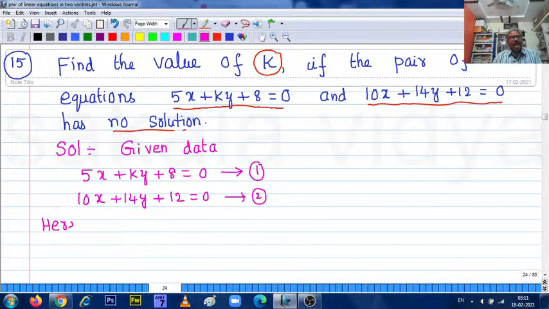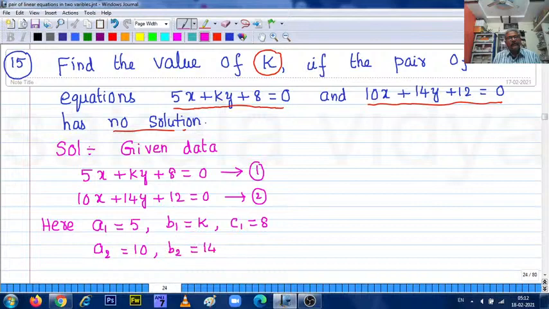Here first write down a1. A1 means coefficient of x in the first equation, 5. So you try to write down yourself also in the chart box. So b1 equals to k, c1 equals to 8. Next from the second equation a2 equals to 10, b2 equals to 14 and c2 equals to 12.